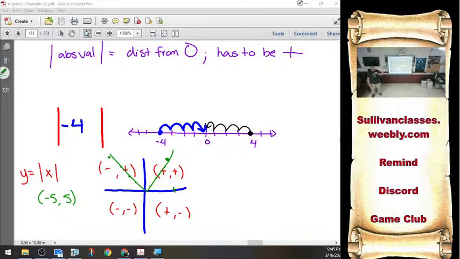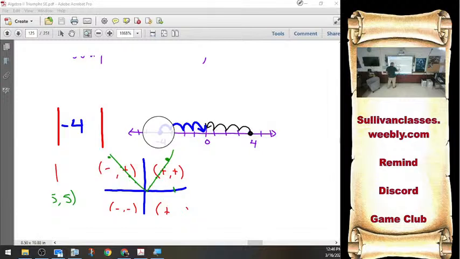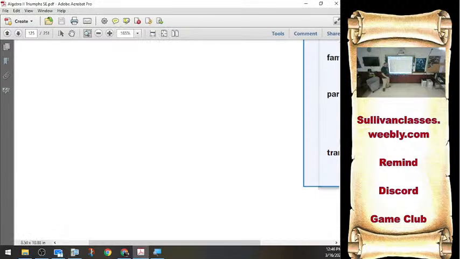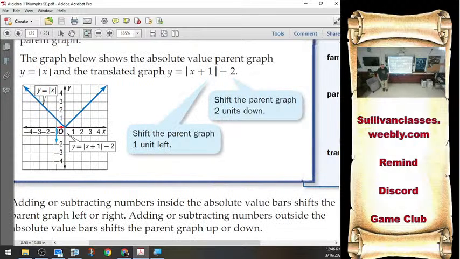Now there's things called reflections where that V might actually head downstairs instead. Because now it's negative, so it points the other way, the opposite way. But the core of it is, because of this absolute value business, all of my graphs are going to be V's. Before, our parabolas were U's.